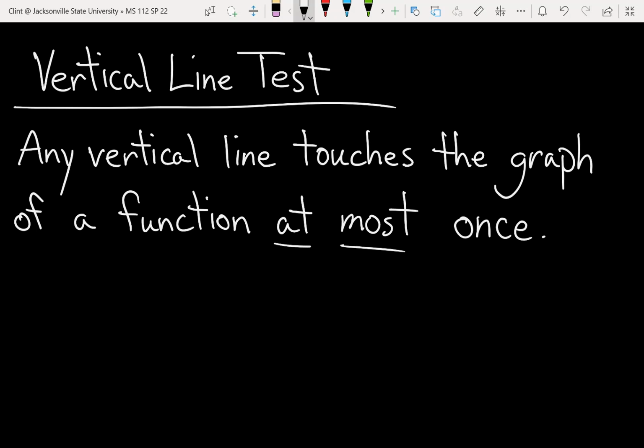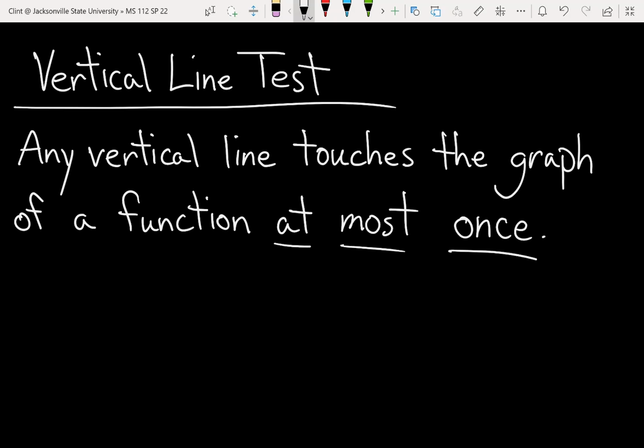It says if we have a graph, we're thinking about drawing in any vertical line we want to, we should not be able to draw in a vertical line that touches our graph more than once if it's a function. Because if it's a function, any vertical line that we draw in is going to touch our graph at most once. It's okay if you can draw in a vertical line that doesn't touch the graph. It would still pass the vertical line test.